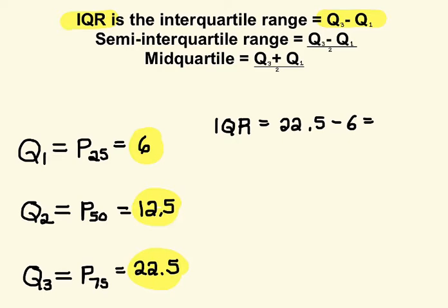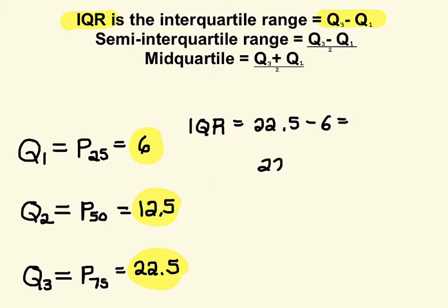So in this particular set of data, our interquartile range is 22.5 minus 6, which is 16.5. Let me grab that and put that over there. I can erase my calculation.